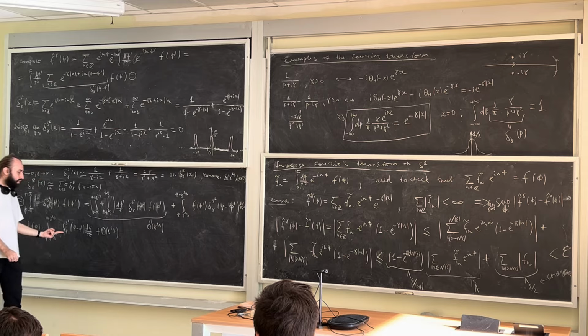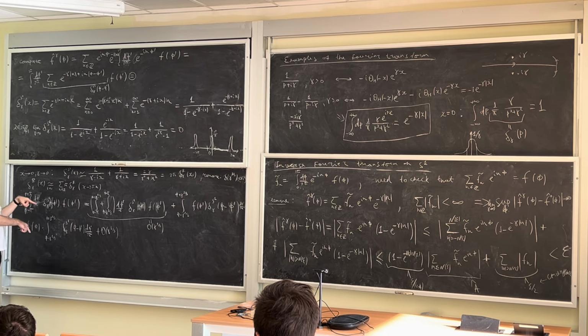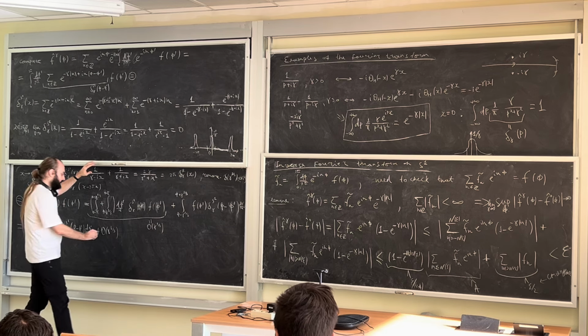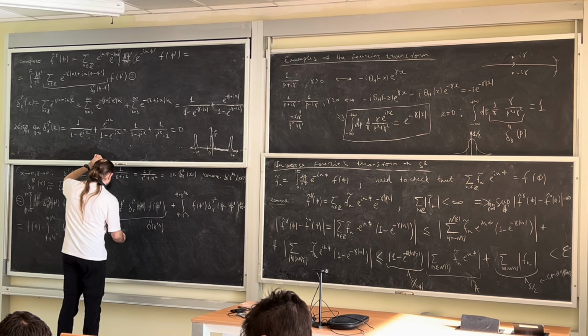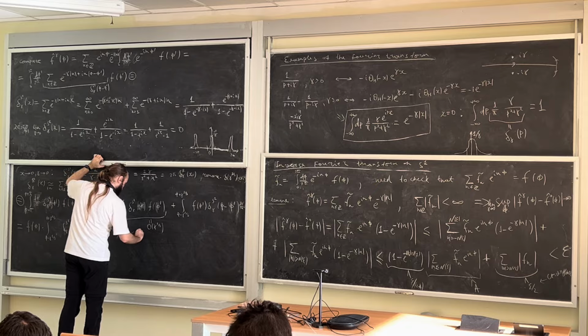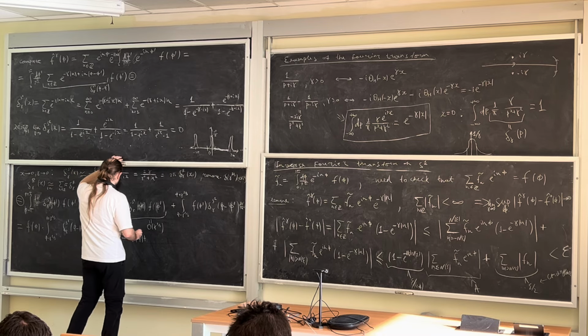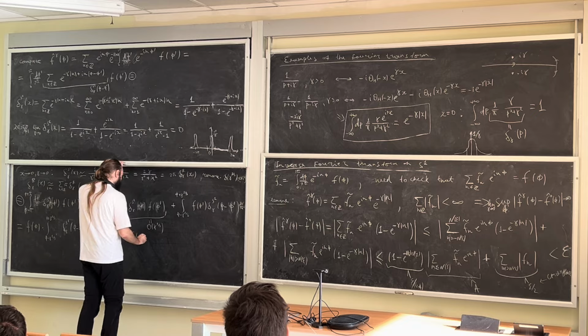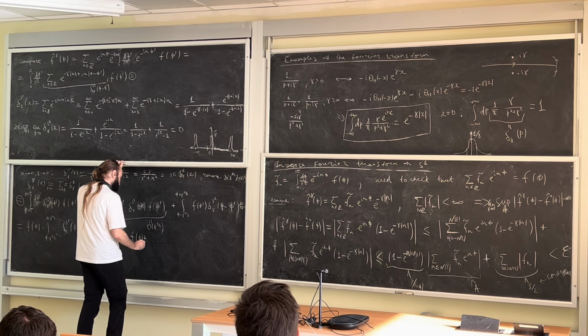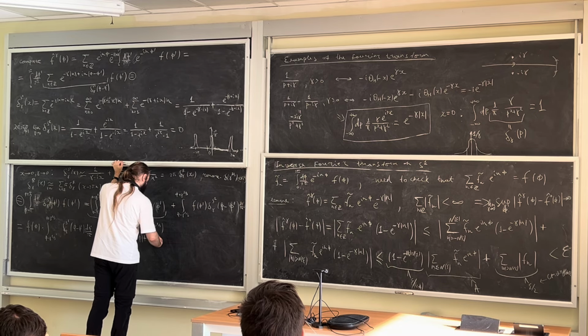And this integral can be extended to plus infinity, again with some corrections of the same order. So it will give us f of phi plus O of gamma to 1/3.